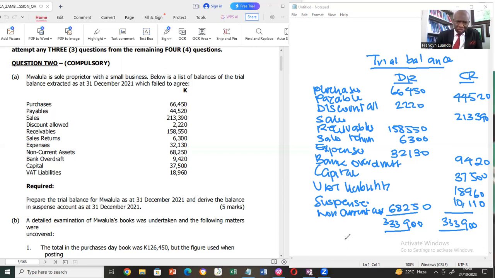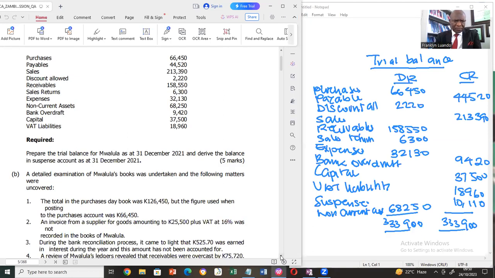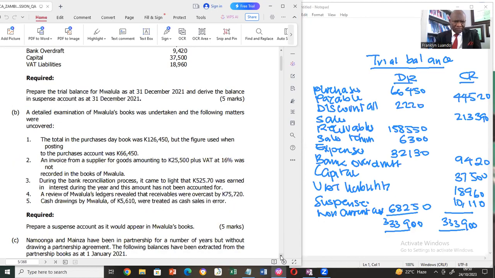So now we go to the next question. The next question here is to prepare a suspense account as it would appear in Mwalula's books.